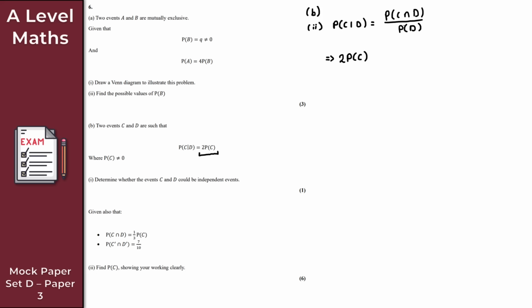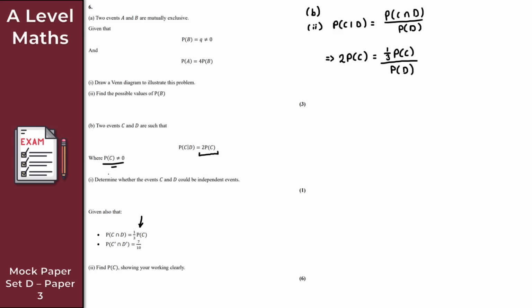The probability then of C intersection D, that is a third times the probability of C, so I can also replace that as well. That's a third times the probability of C. And then we divide this here then by the probability of D. Now, the probability of D here, I'm just going to leave that as it is, okay? Now, what we're also told here is the probability of C cannot be equal to 0.